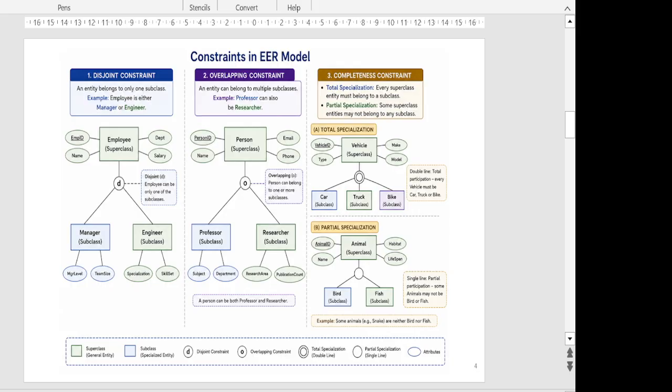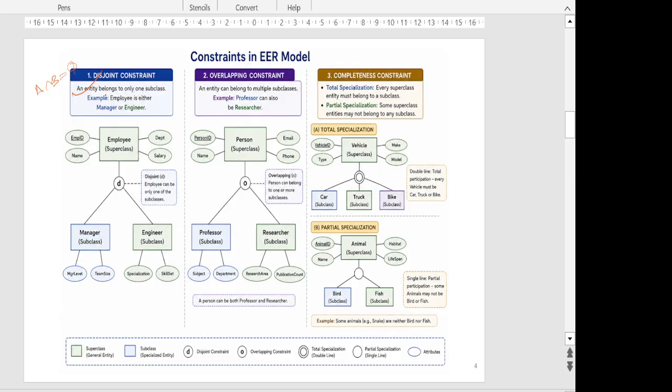Coming to the constraints. What is a constraint? It is simply one condition or one rule. The first one is the disjoint constraint. What is a disjoint set mathematically? A intersection B equal to phi. The same concept applies in a disjoint constraint.